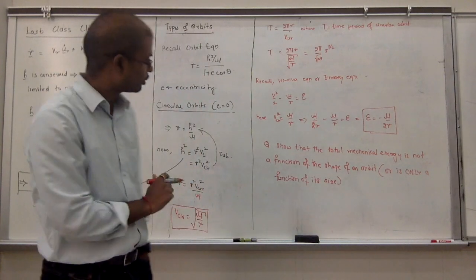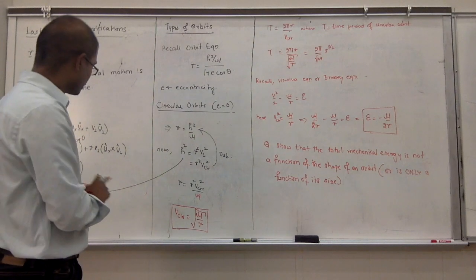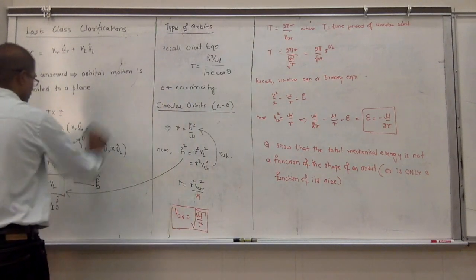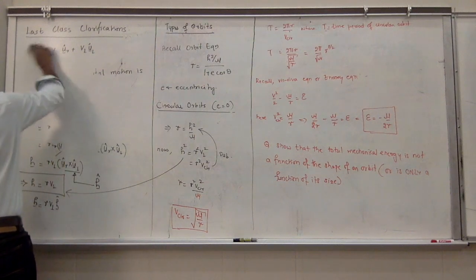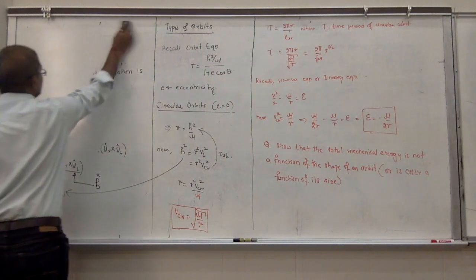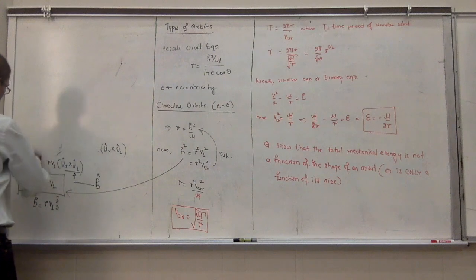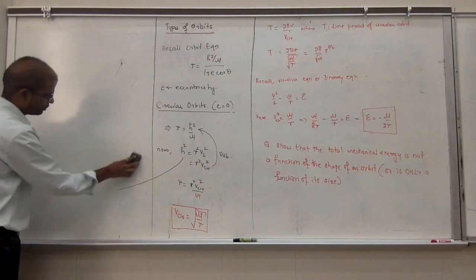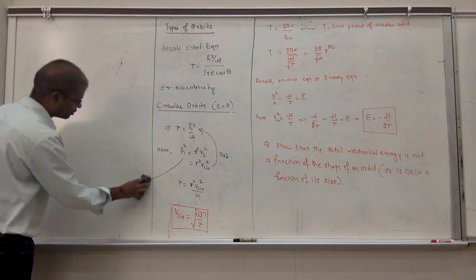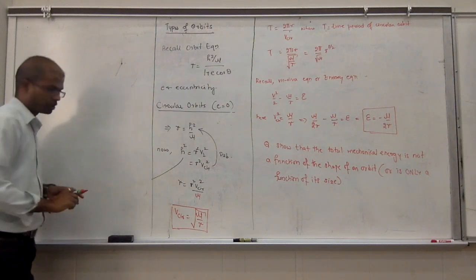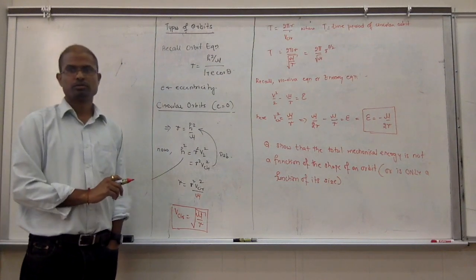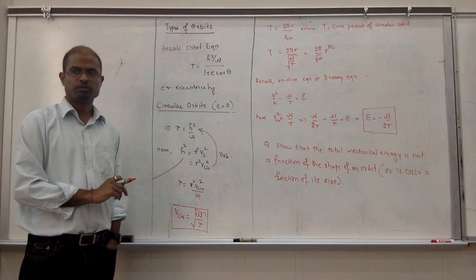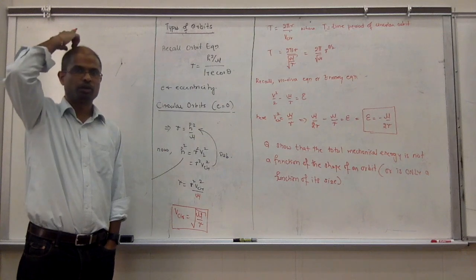We'll just do elliptical orbits and then we'll discuss a little bit about the exam. The elliptical orbits are the most common orbits, especially since a lot of launches happen in elliptical orbits.